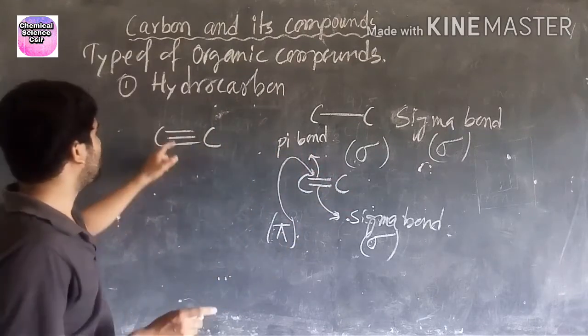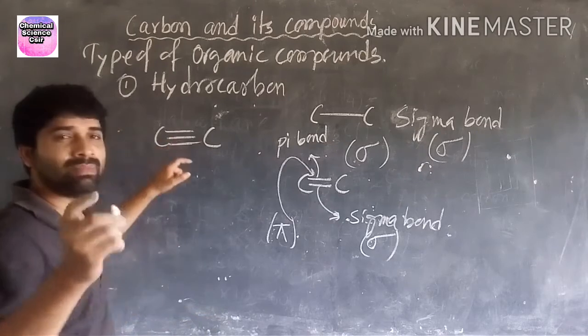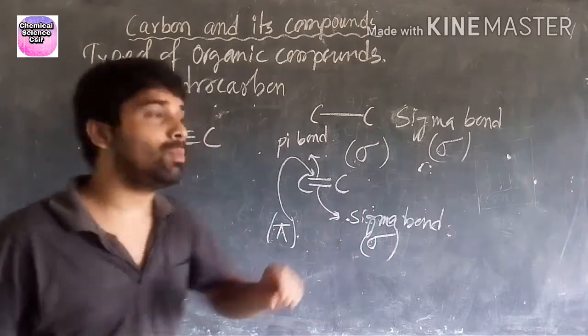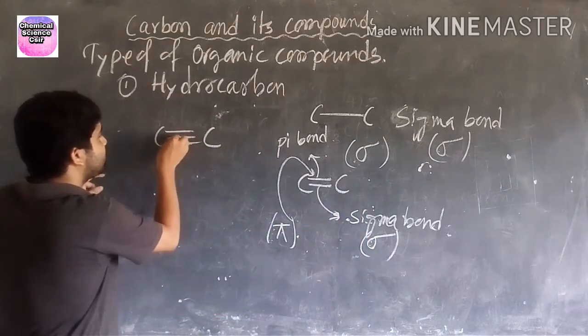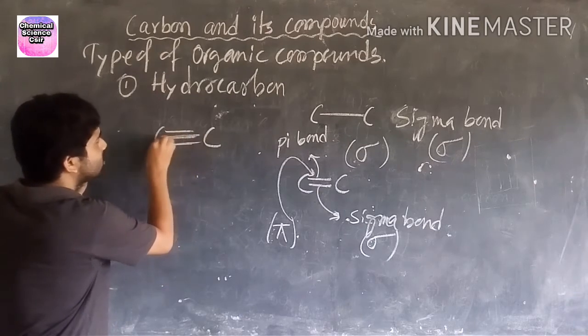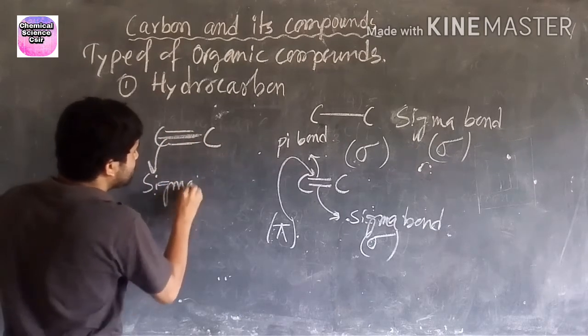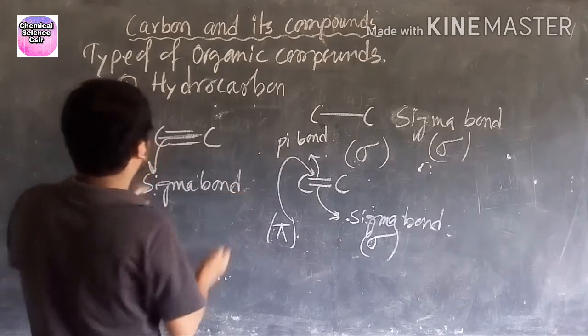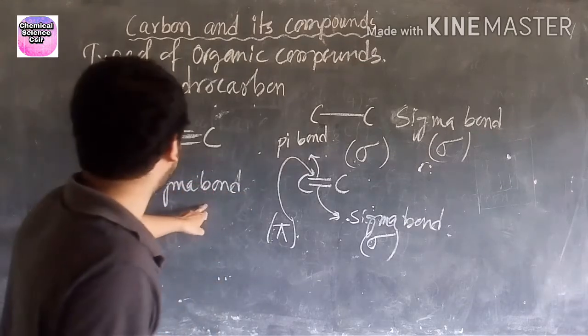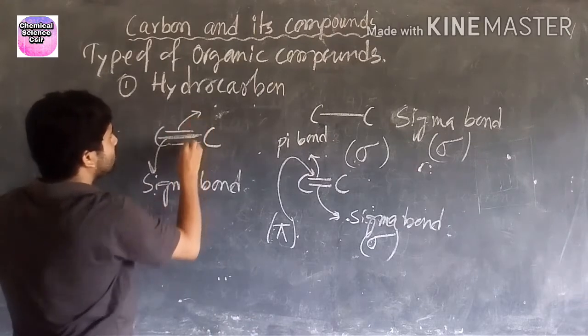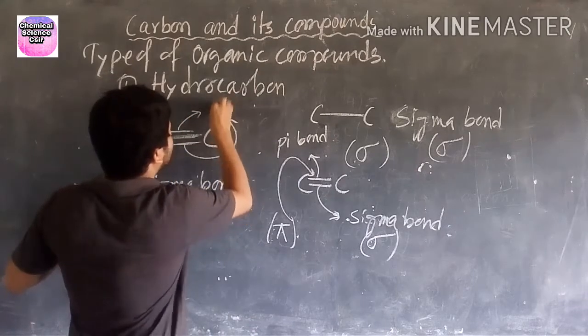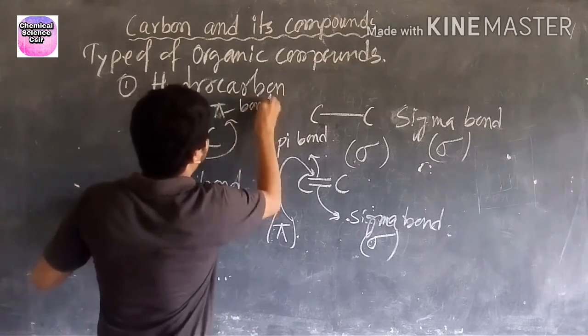How many sigma bonds? There is only one sigma bond. This one is the sigma bond, and this one and this one are called pi bonds.